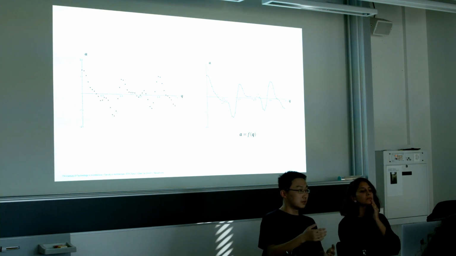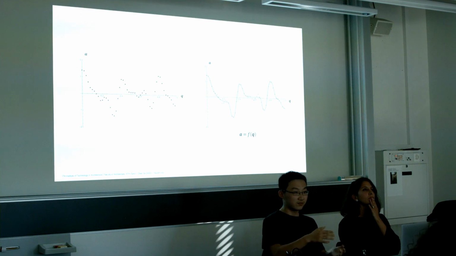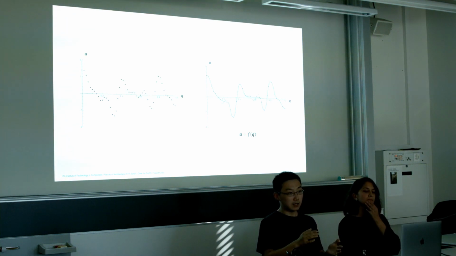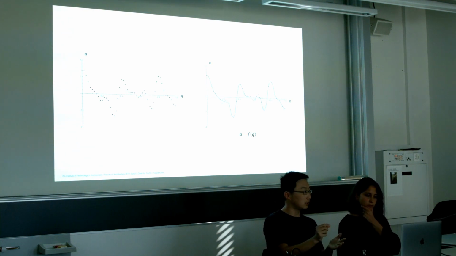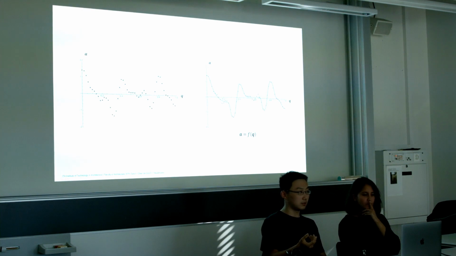So basically, with this function, you can not only answer the questions that you already have, but this function, in principle, can also answer some other questions that did not exist before.